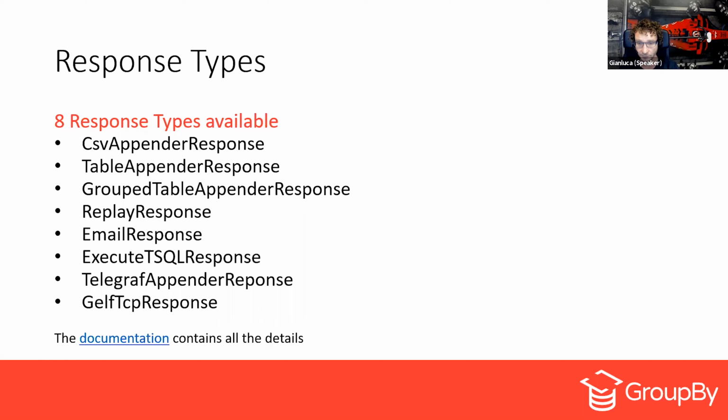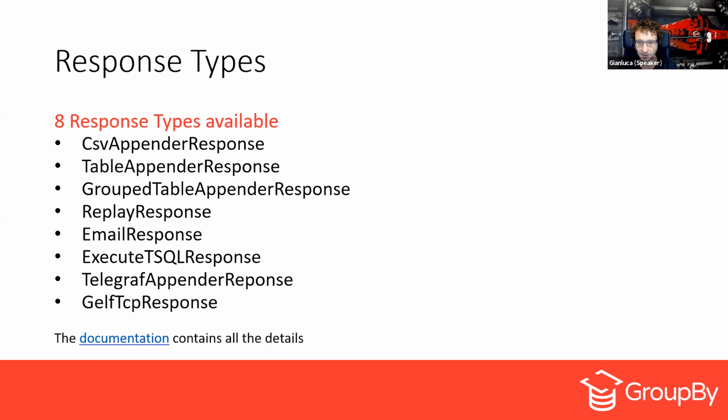And then we have two types of responses that we can use to write to some other types of databases. The first one is an InfluxDB database. InfluxDB is a time series database, and it is suitable for writing data that has a time attribute, a time dimension.